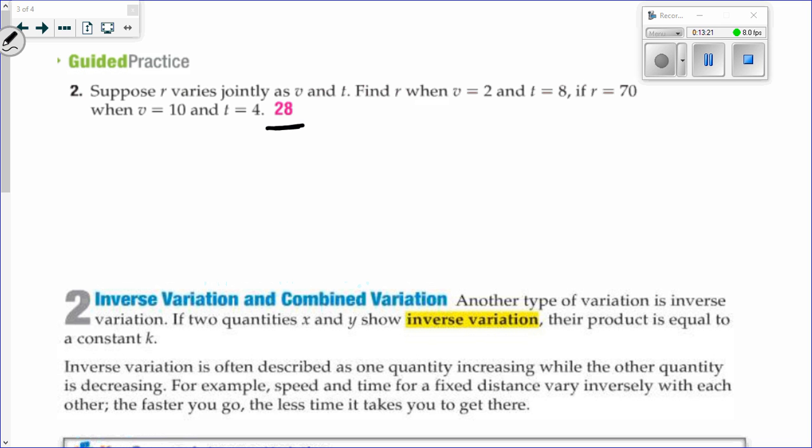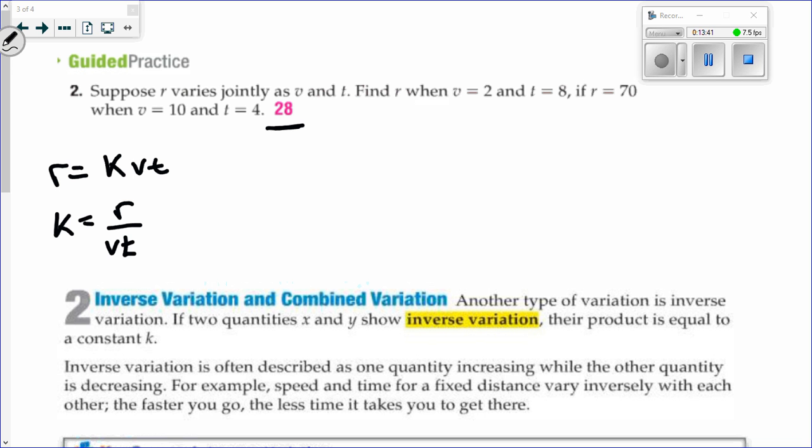Okay. Welcome back. Again, we have a joint variation, so we set up the equation. R equals, varies jointly as b and t, so k times b times t. This gives us k equals r over bt.